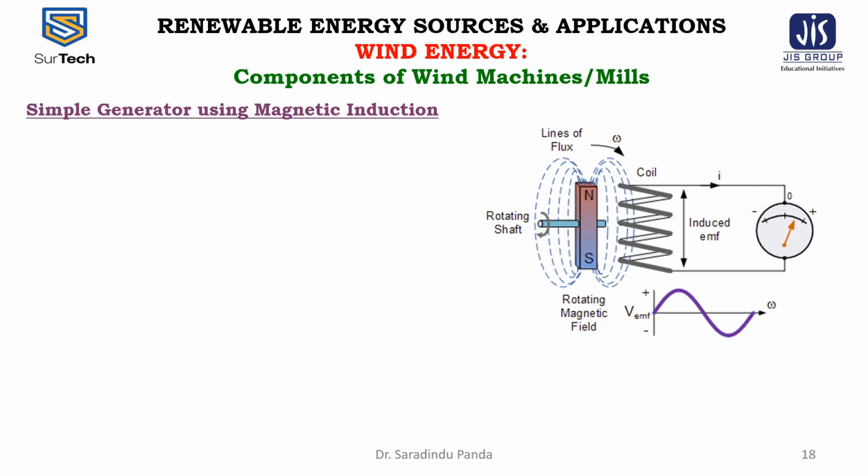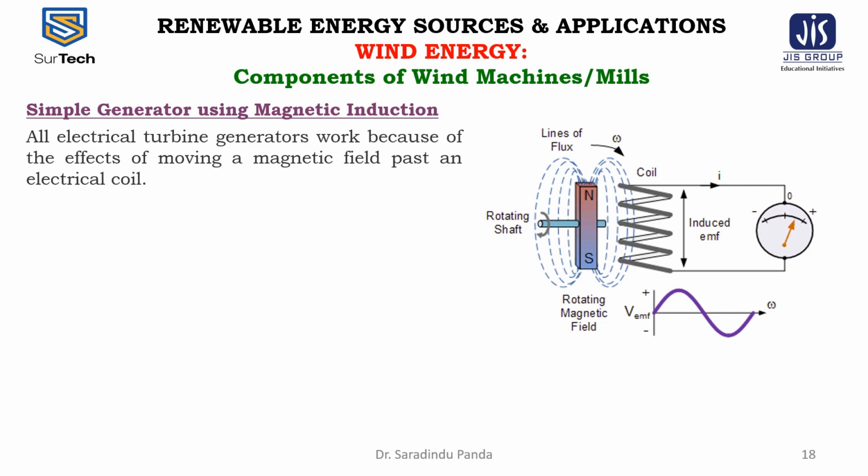As this process is reversible, the same machine can be used as a conventional electrical motor for converting electrical power into mechanical power, or as a generator converting mechanical power back into electrical power.